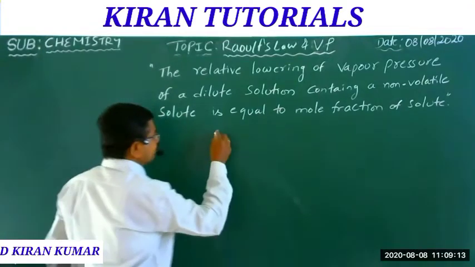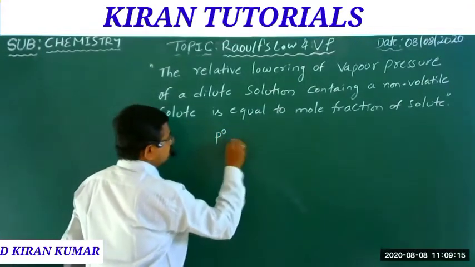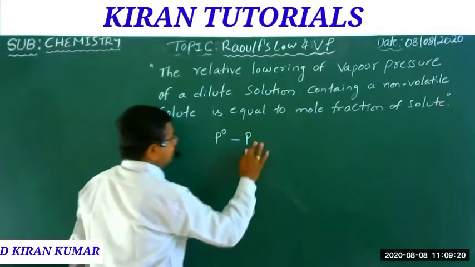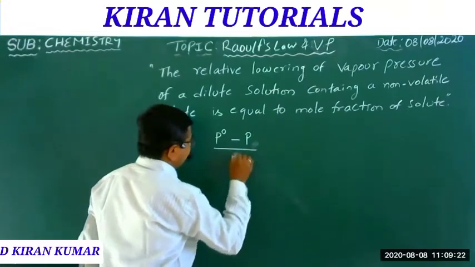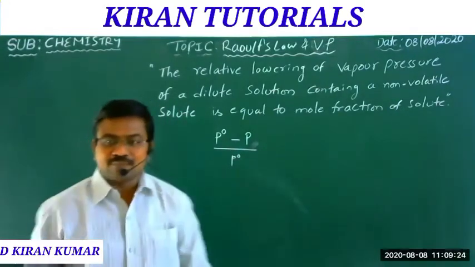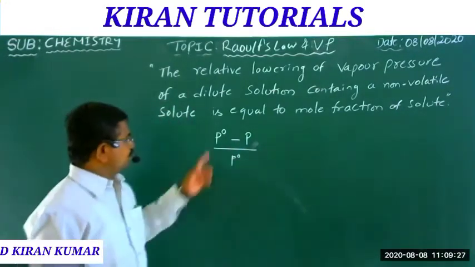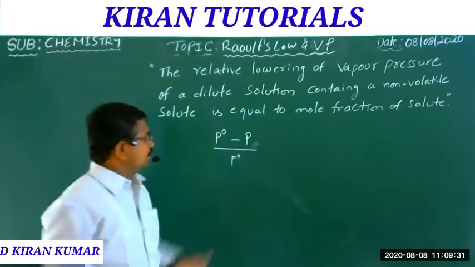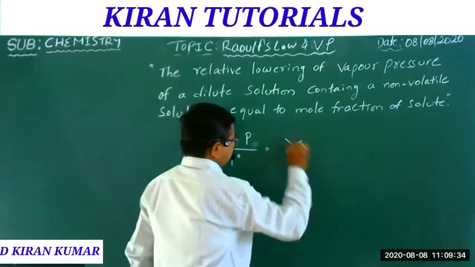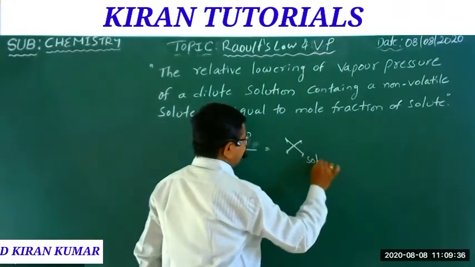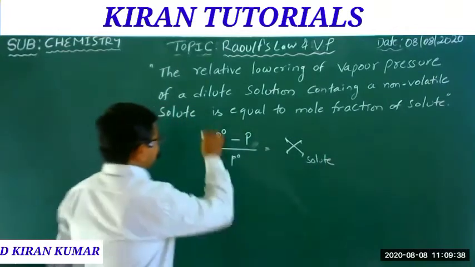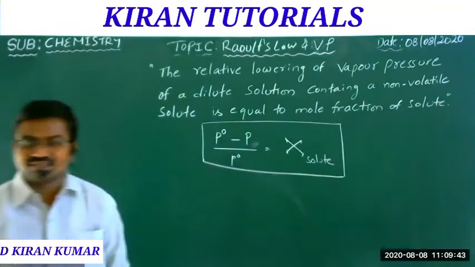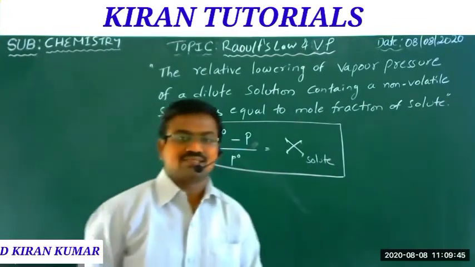So you can write here P naught minus P by P naught, where P naught is the vapor pressure of pure solvent and P is the vapor pressure of solution, is equal to the mole fraction of the solute. It is called Raoult's law.